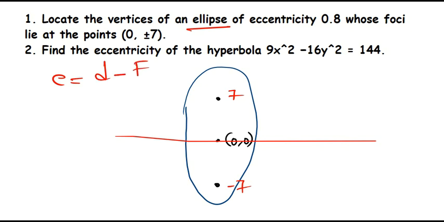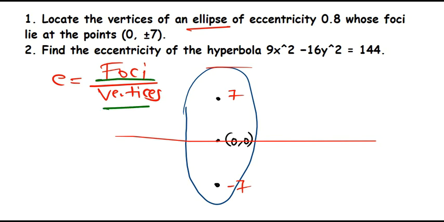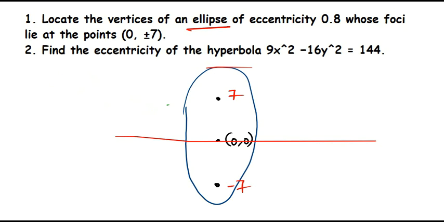In fact there's this other definition. I said the distance between the foci divided by the distance between what? The vertices. Okay, that's another formula that we actually talked about. So distance between the foci over distance between the vertices gives you the eccentricity. So eccentricity in this case has been given to be 0.8.